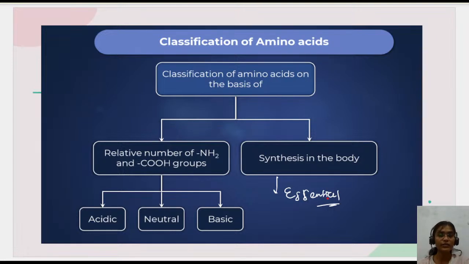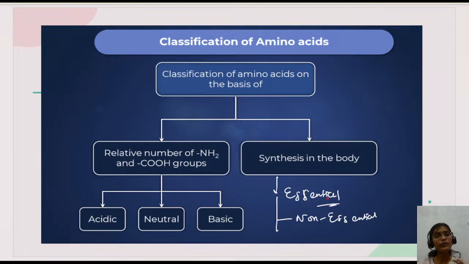That's why the name is essential. Non-essential means they are synthesized in our body and not required from outside.